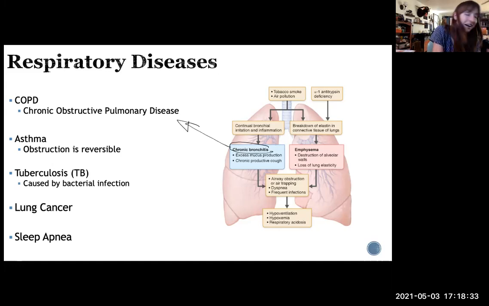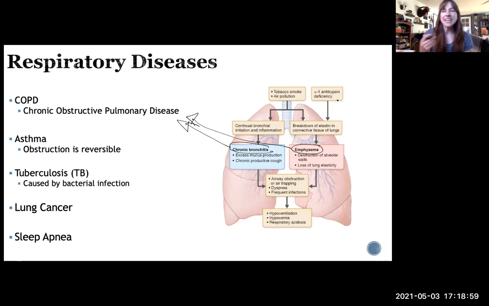If you have a breakdown of the walls of the alveoli, or a loss of those elastic fibers, which can happen for several different reasons, but one of them is this protein deficiency, you can have what's called emphysema, which is also a chronic obstructive pulmonary disease, a COPD. Okay.